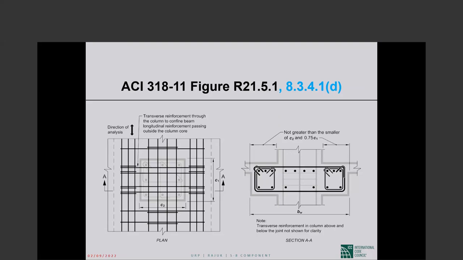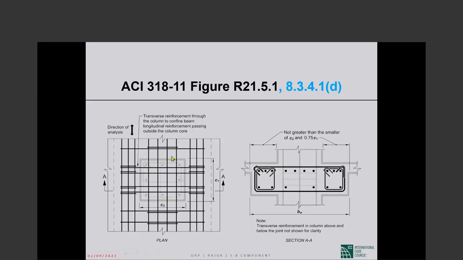The whole width will not bend together. So there needs to be some kind of limitation. Now, in this picture, the up and down direction is the direction of analysis. That is very important to understand.